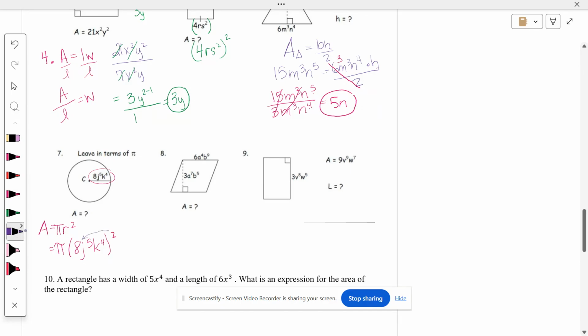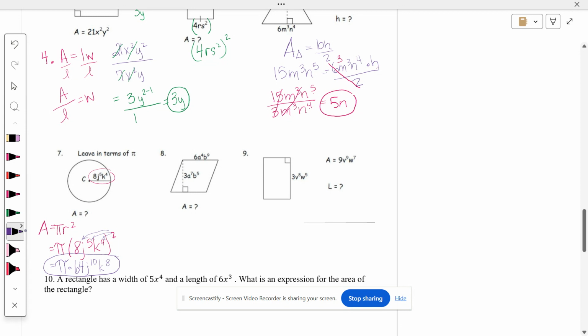That means I'm distributing this power of 2 through everything. 8 squared is 64. So I have pi times 64. 5 times 2 is j to the 10th. 4 times 2 is k to the 8th. So this is the area.